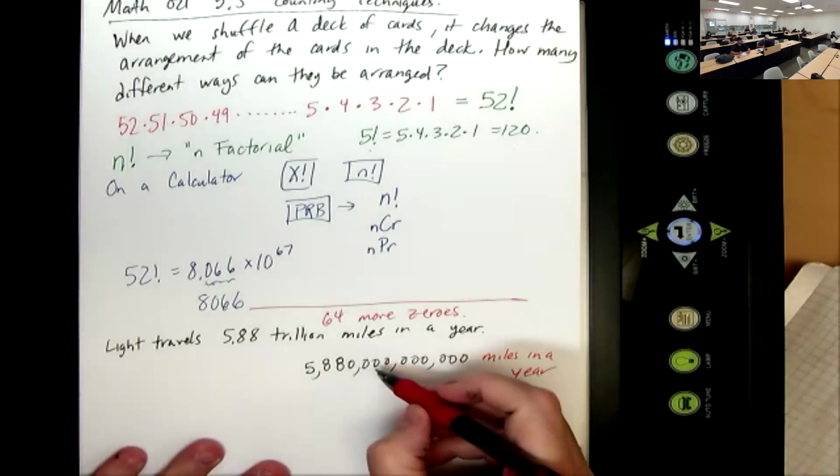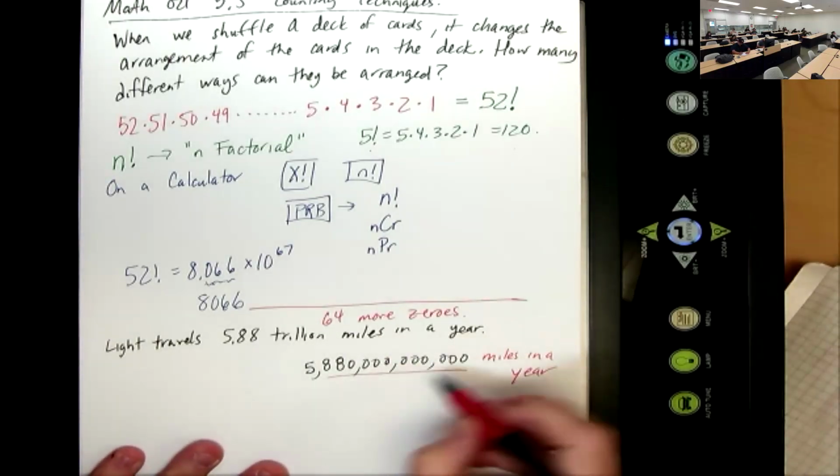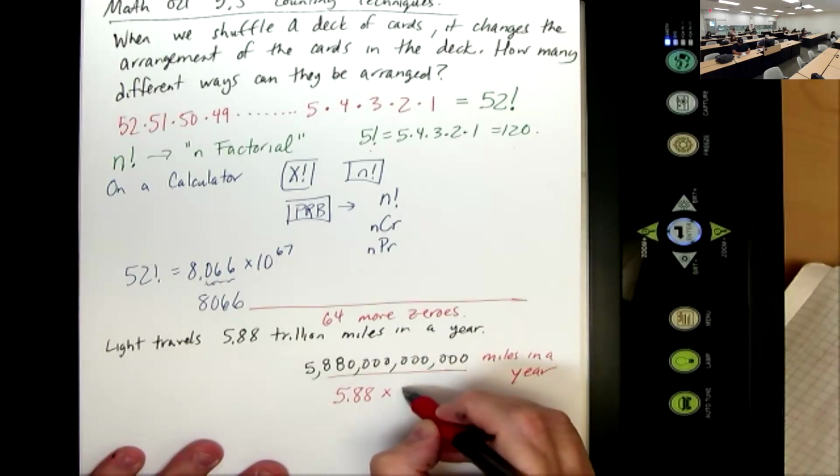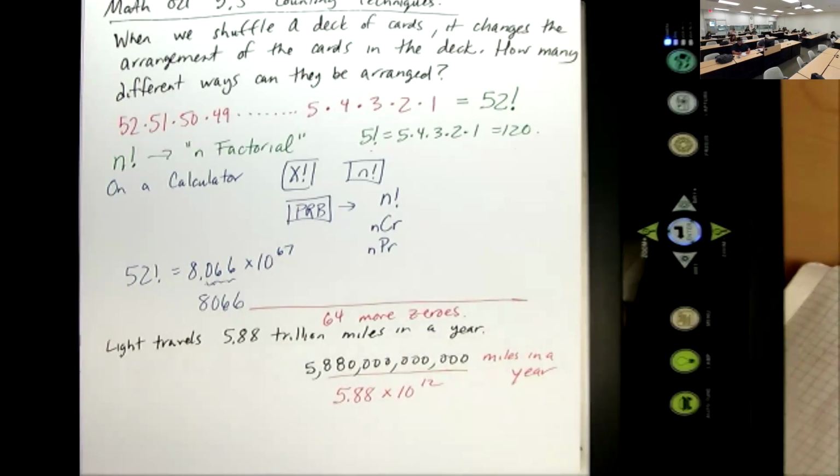And if I wrote it in scientific notation, times 10 to the 12. That's how many different ways you can juggle a deck of cards. It's a mind-staggering amount.